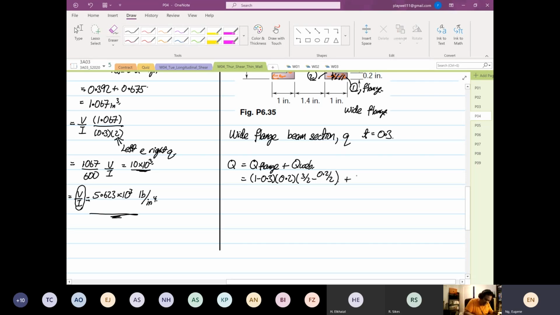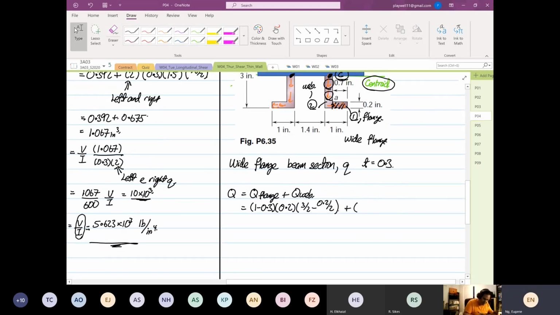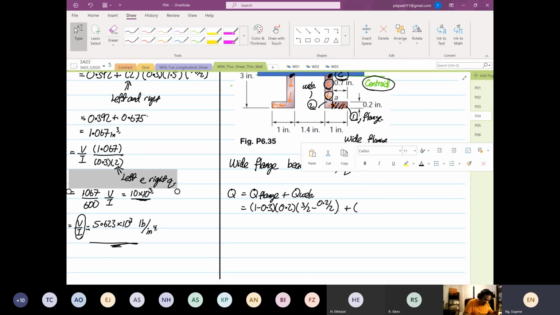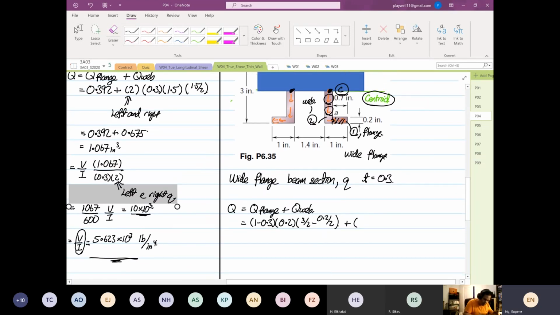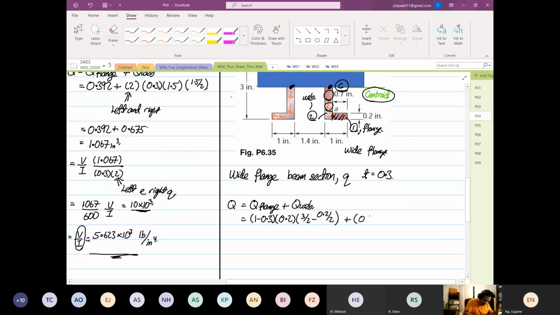So the next one is the web. The width is 0.3, the depth is 1.5, then multiply by 1.5 divided by 2.